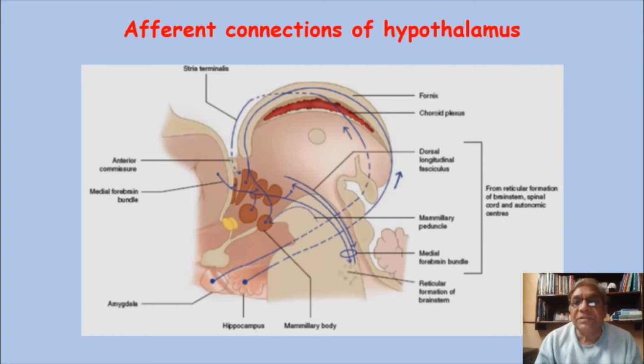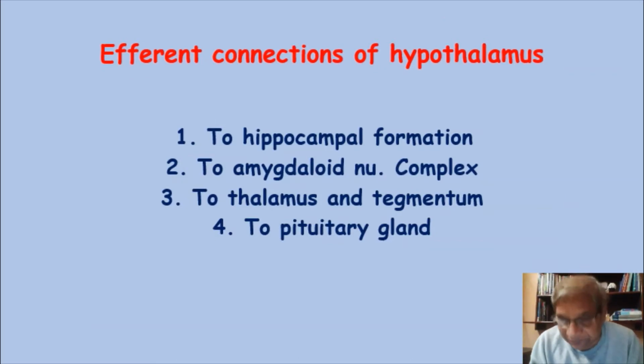So fibers are coming from the anterior nucleus, from the midline nucleus, and from the medial dorsal nucleus, and these nuclei send afferent fibers to the various parts of the hypothalamus. These are only the broad afferent connections of the hypothalamus. I will summarize this afferent connection once again. Let us go to the next slide, which will show you the efferent connections of the hypothalamus.